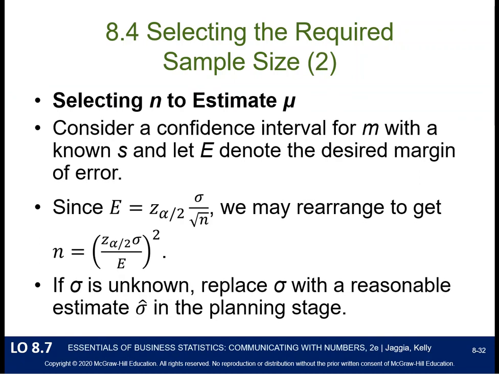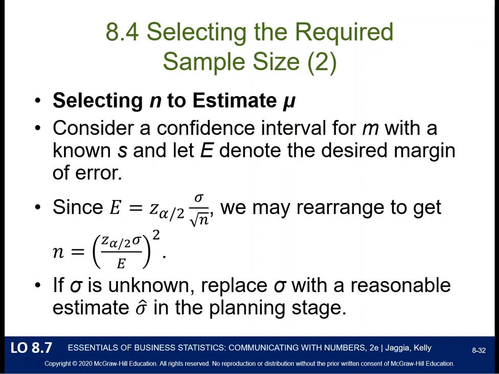All right. So we know if we call E our margin of error, we know that the margin of error is equal to the z-score with alpha divided by 2 multiplied by the population standard deviation divided by the square root of n. So if we just rearrange the formula to solve for n, where we're like, hey, how big does my sample size need to be? What does n need to be in order to get this desired margin of error that we're calling E?